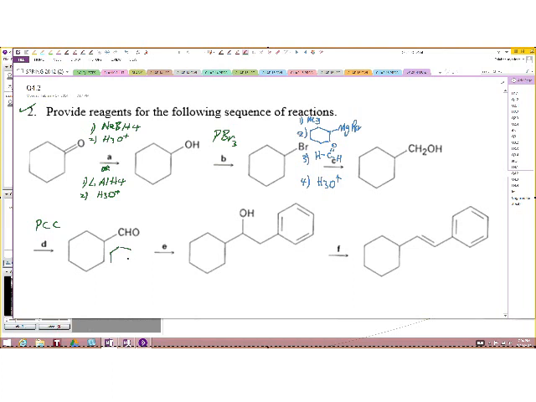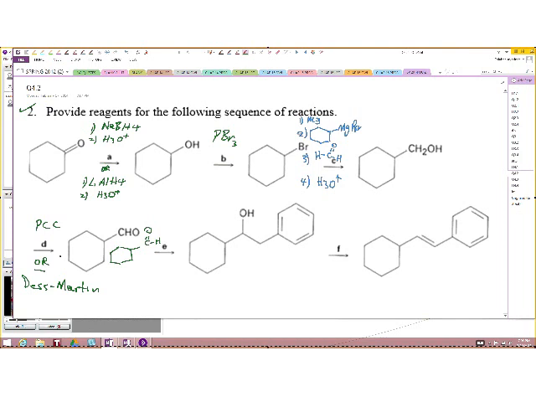This is an aldehyde right here. You could use PCC or Des-Martin. I will show you the structure of both of them, but you don't need to write the structure of those reagents. Both of those reagents will take a primary alcohol and give you an aldehyde. It's PCC or Des-Martin.